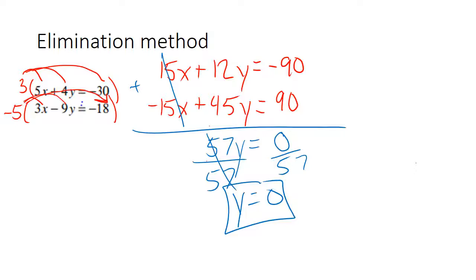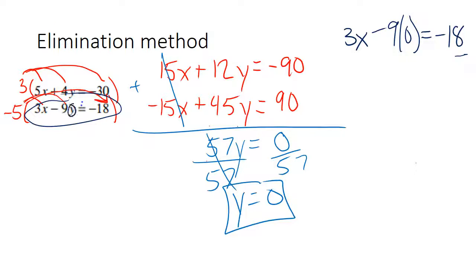Okay, for the next part, I take y and I plug it into either of my original equations. It doesn't matter which one I choose. I'll go with the bottom. All right, so let's do 3x minus 9 times 0 equals negative 18.